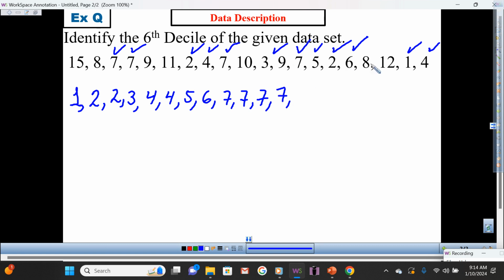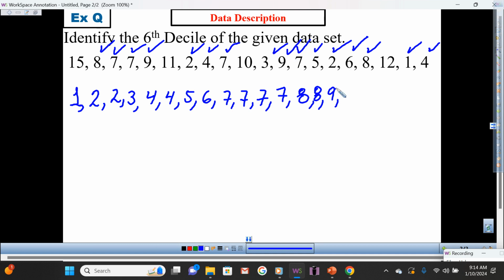All right. Then we got 8. How many of them? 2. Then we got 9.